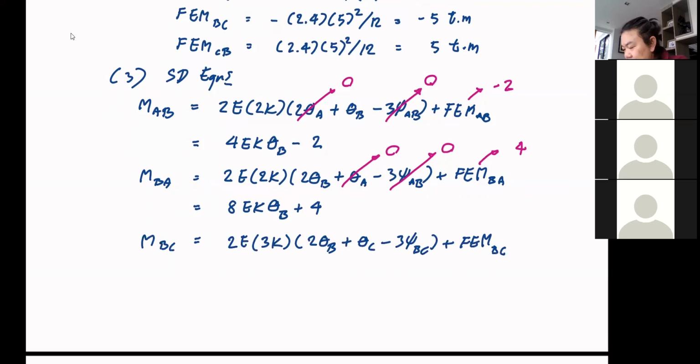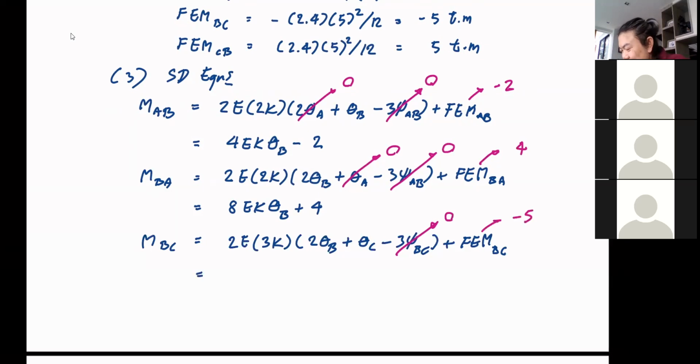Nothing is 0 except the psi. As usual, I'm beginning to be lazy to write psi now. And this one is minus 5. Okay. 6 and 2, so that's 12EK theta B plus 6EK theta C minus 5.